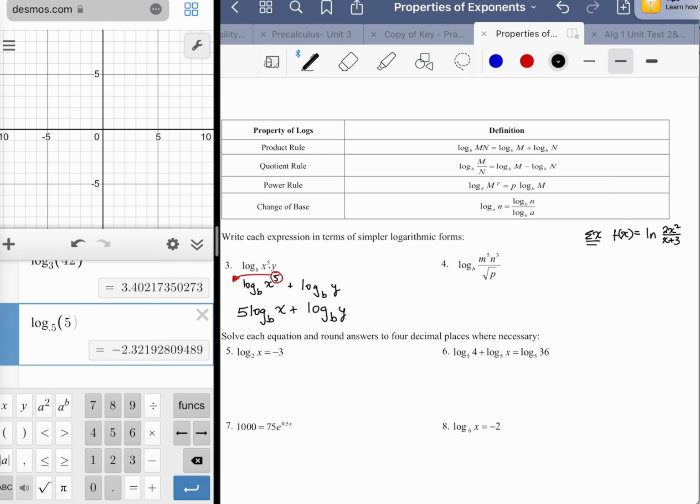Now it's kind of weird to think of this as simpler because it definitely looks more complicated, but they're logs of simpler terms. The argument contained within the logarithm is much simpler than what we started with. We took an order 6 logarithm, which is just saying that the high power contained within the logarithm was power of 6, because you've got x to the 5th and a y to the 1st.